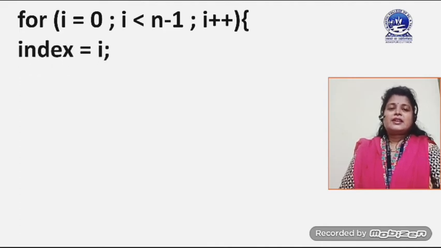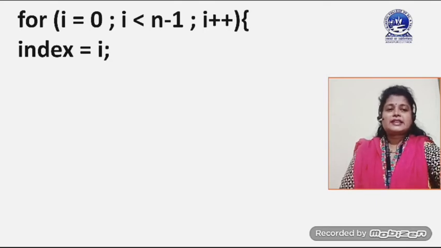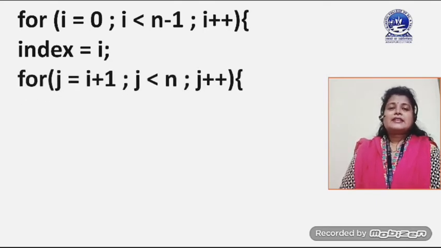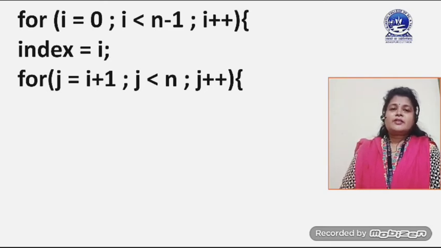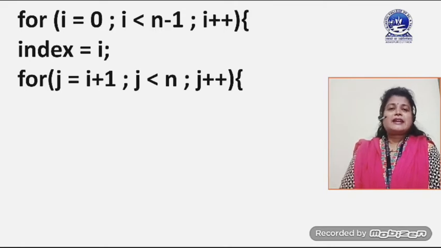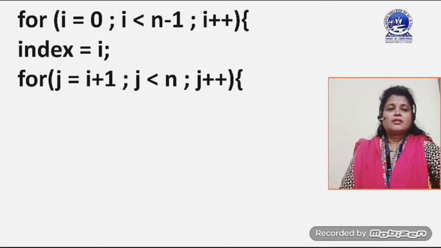Then index equals I. Here I have used one index variable, and at the first iteration the index represents 0. Then comes the inner for loop. The inner for loop continues for j equals I plus 1, j less than n, j plus plus. It means that at each iteration the inner for loop runs from the ith location up to the n value, or n minus 1 location.